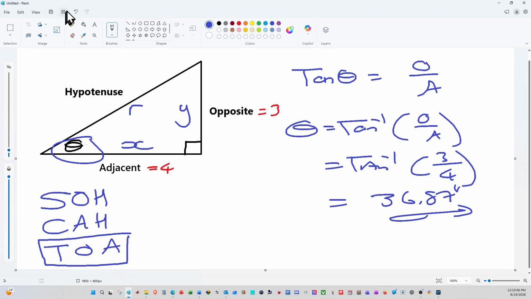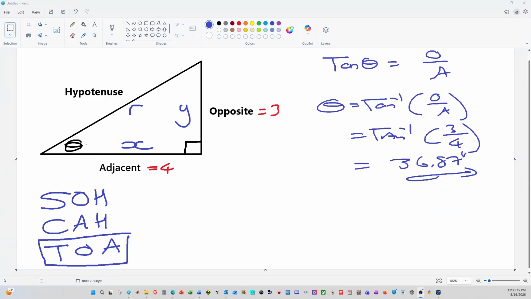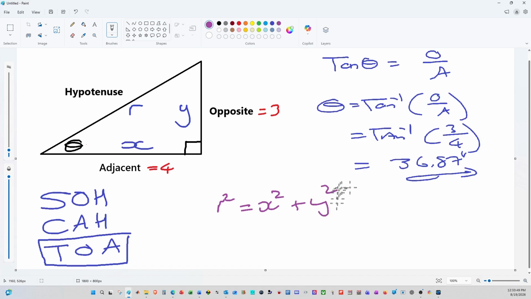We now need to get the value of r. In order to get the value of r, we're going to make use of Pythagoras. You would recall that Pythagoras tells us that r squared is the same as the sum of x squared plus y squared.